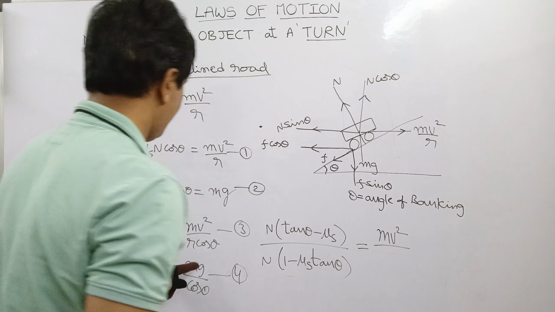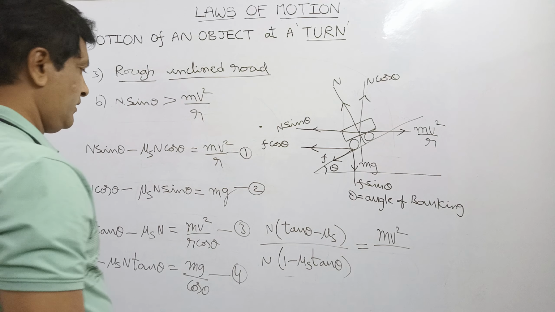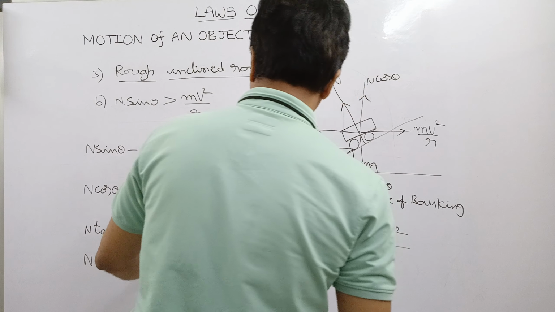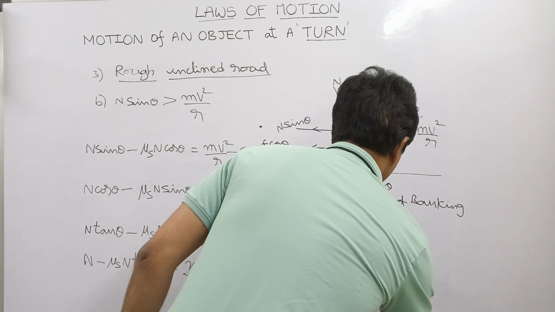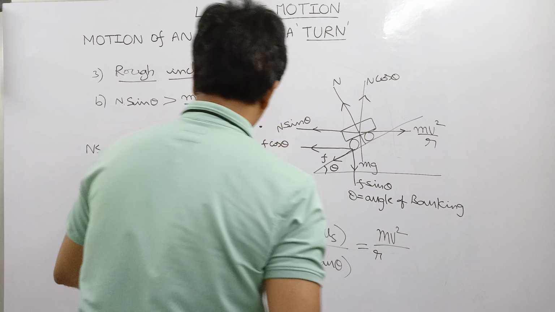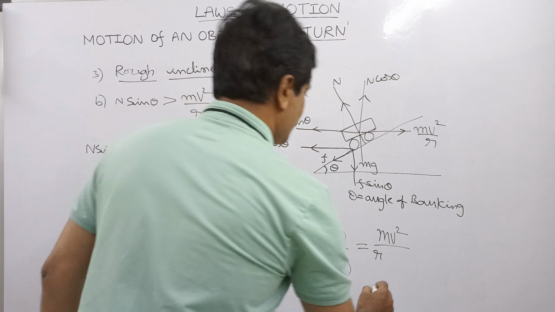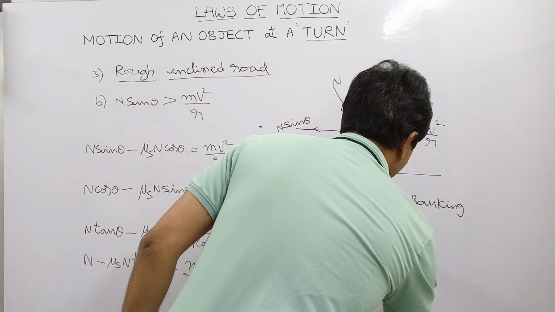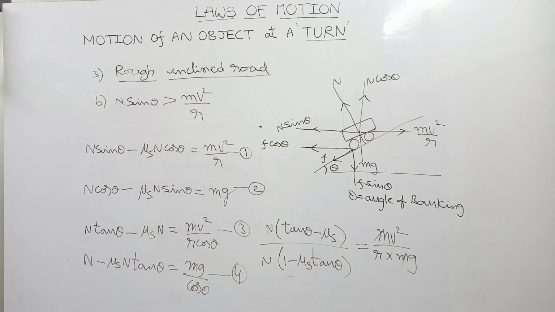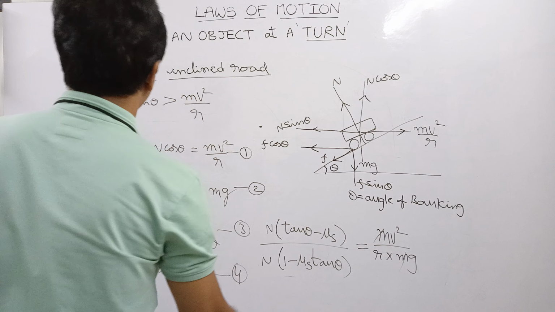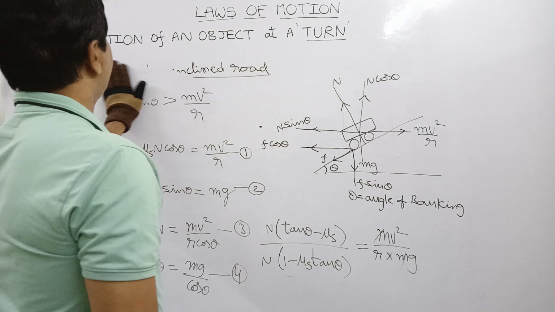Cos theta we can cancel, and we can directly write mv square by r by mg, so m gets cancelled.